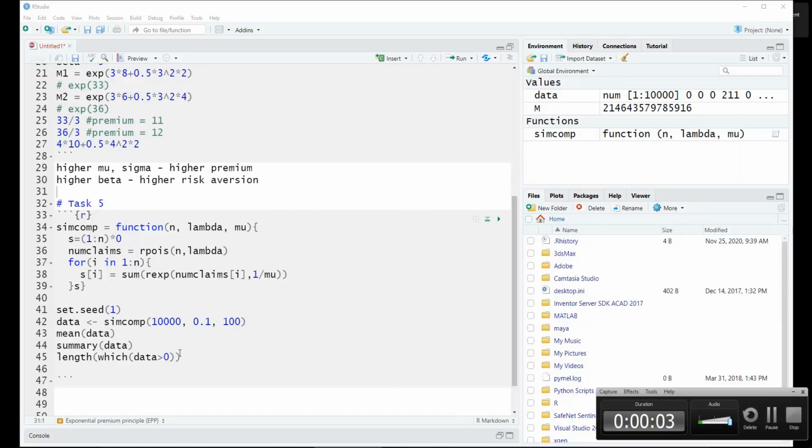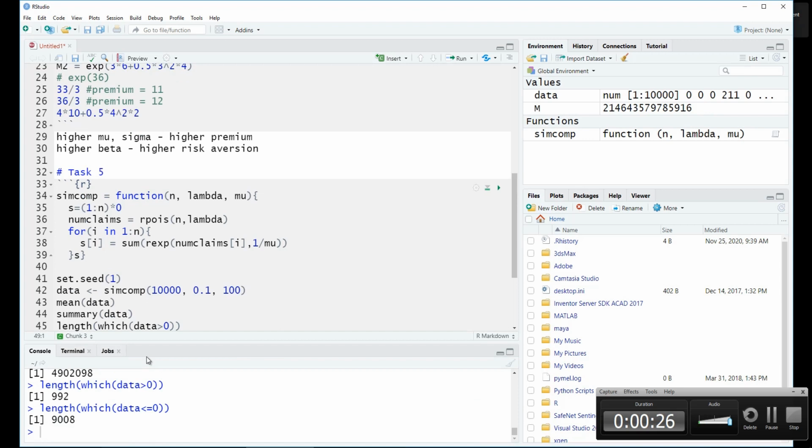So we just have found out that our data contains 992 zero values, non-zero values, and we have generally a lot of zero values. So it should give us 9008.